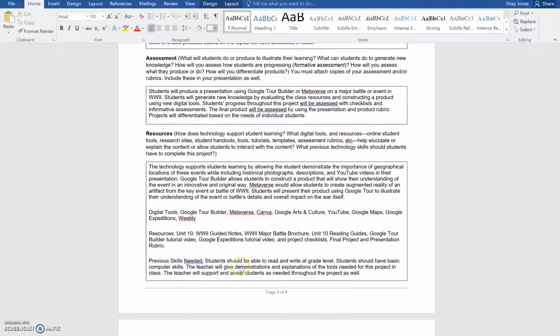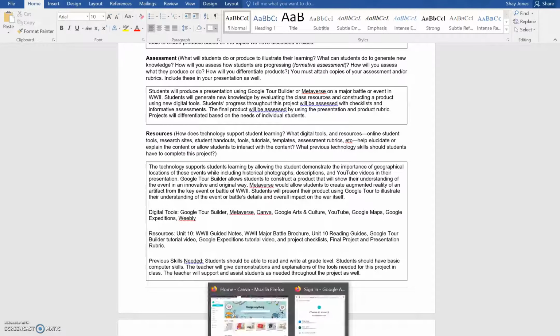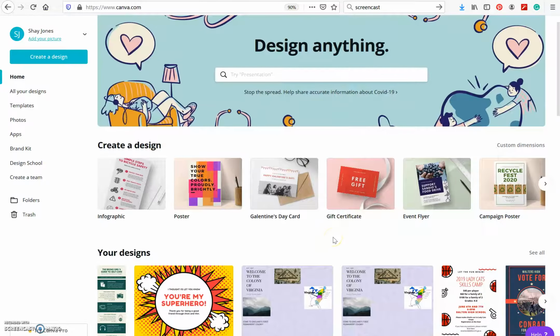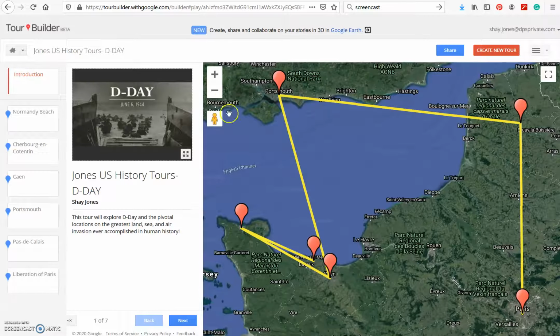They're also going to use Canva to create a graphic for their presentation. We've used Canva before. I think that's a really good idea if you're going to teach this lesson, that you use some of these technology tools beforehand to get them used to these technologies before a big project like this.